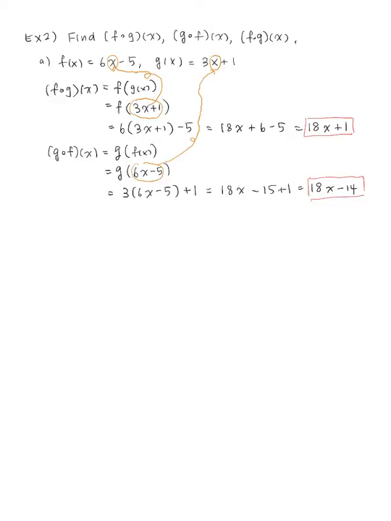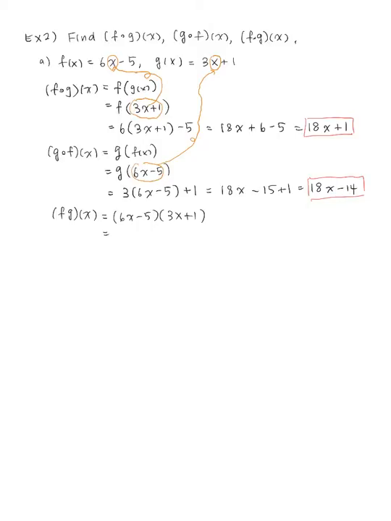Now let's do f times g of x. You'll realize that f times g of x is going to be completely different from f of g of x. This means you multiply 6x minus 5 and 3x plus 1, so we're going to have to FOIL.